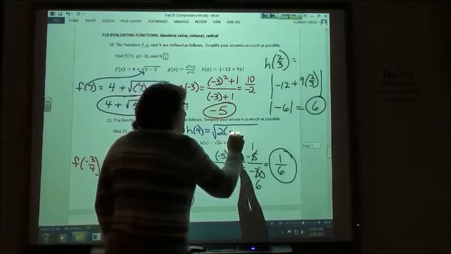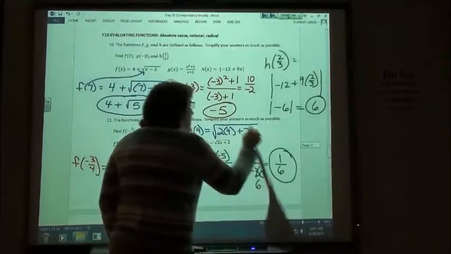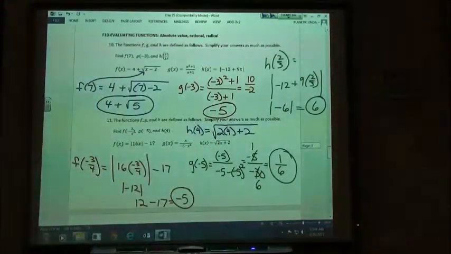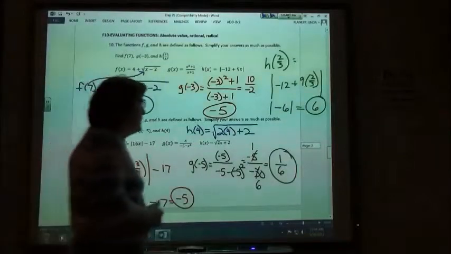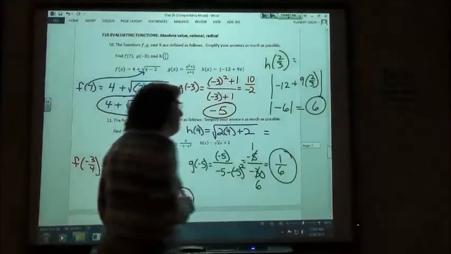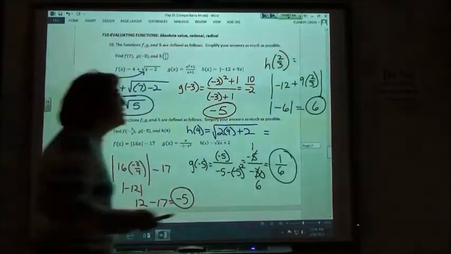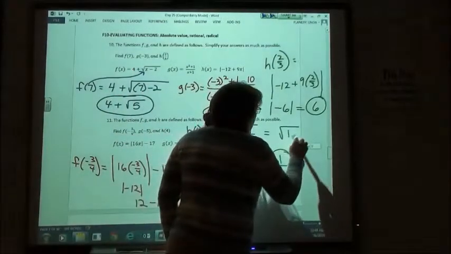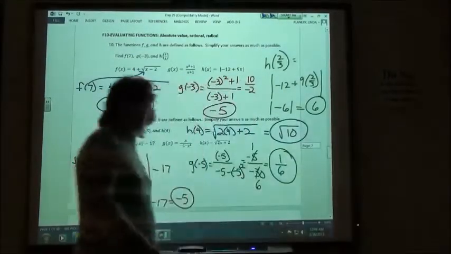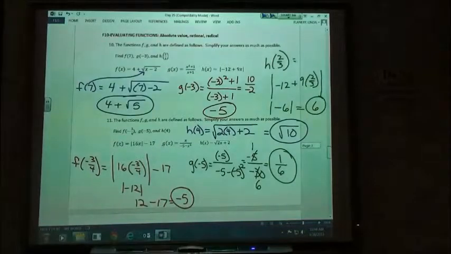So 2 times 4 plus 2. If I simplify that, I get the square root of 10. And we can't simplify the square root of 10. If you try it on your calculator, you get a crazy number. So that's just our answer, square root of 10.